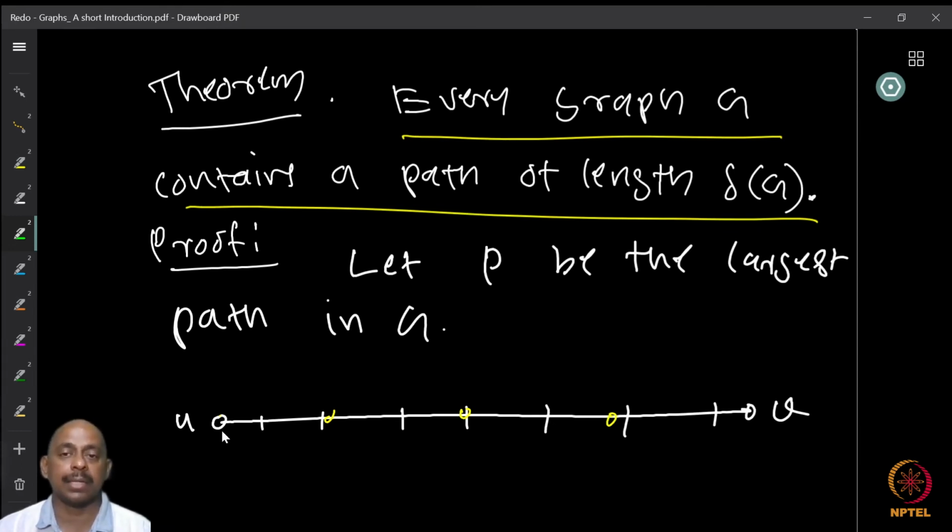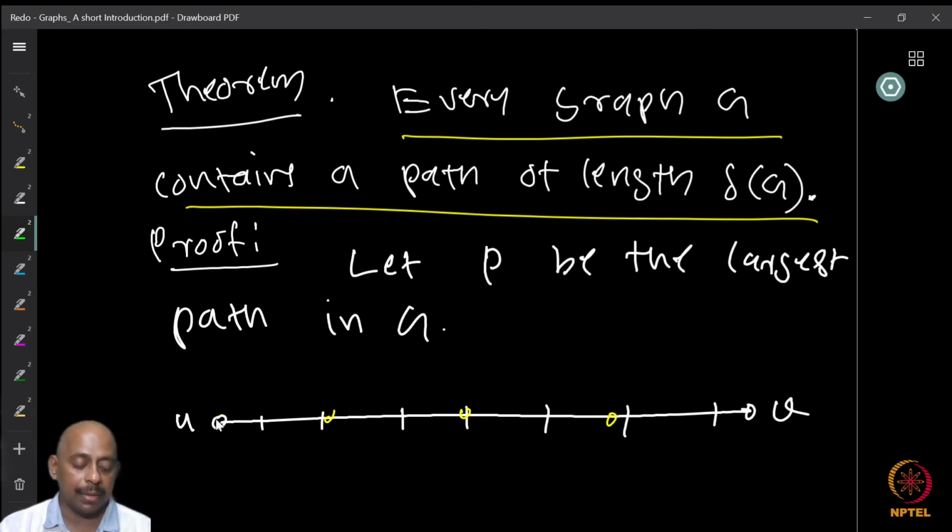Now, suppose it is not the case. If the minimum degree is more than 1, then the vertex U, which is the starting point of the path P, will have some additional neighbors. Delta neighbors are there, and only one of them is present here. All the remaining delta minus 1 neighbors must be present in the graph. So let us look at the remaining neighbors of U. Where can the neighbors of U go?